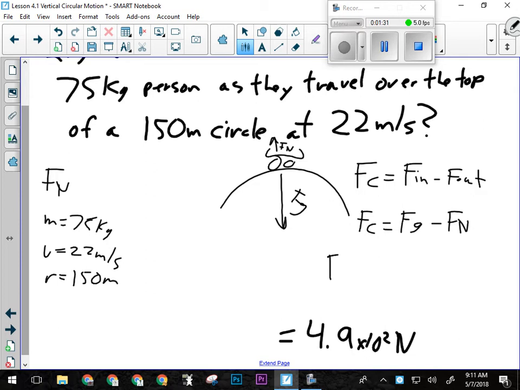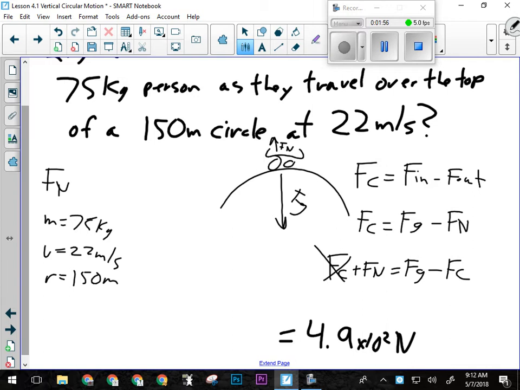I have Fc plus Fn equals Fg, and then I subtract Fc over to the other side. That gives me positive Fn. If you do it this way, you should not get a negative number. If you get a negative number for Fn, it means that somehow the track was pulling the car in, and that's not the case.